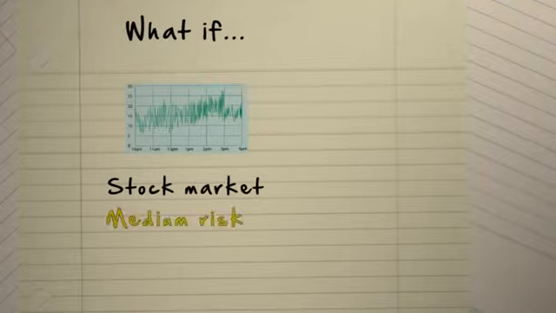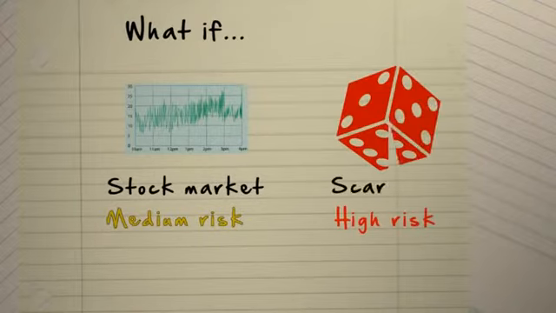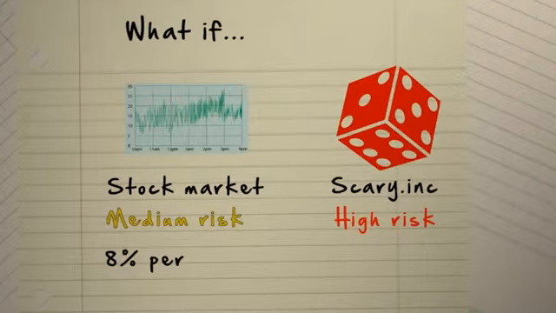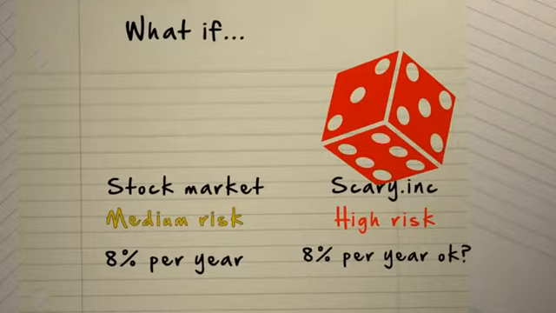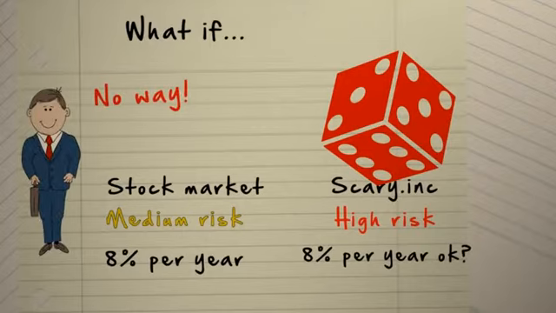Now what if Bob also has some money invested in the general stock market, which is kind of risky, but not as risky as your scary company, and he earns an average profit of 8% per year? Can you offer Bob also 8% to convince him to sell his stock market portfolio and invest in your company instead? Again, no way!